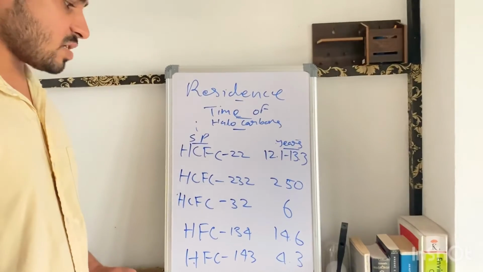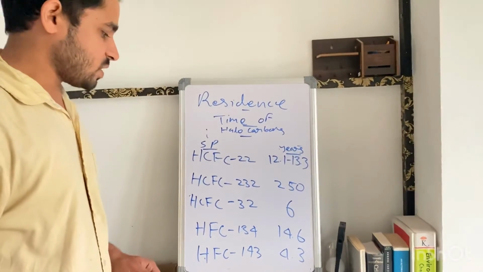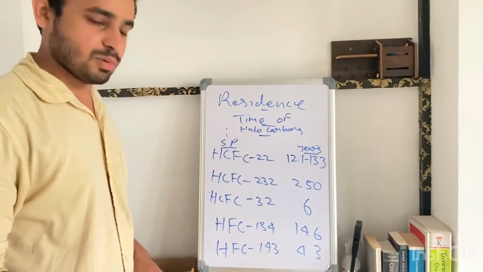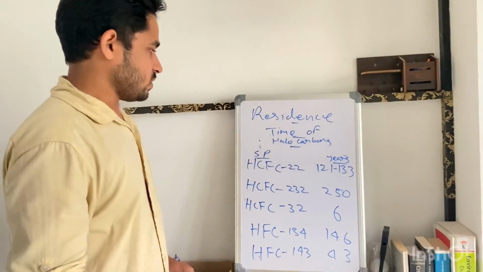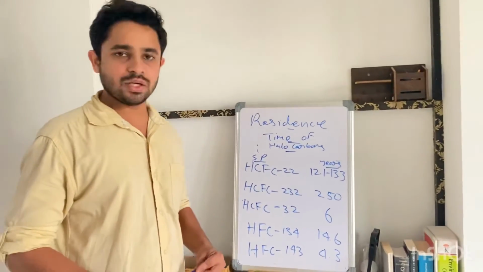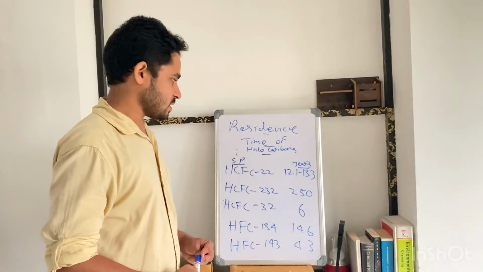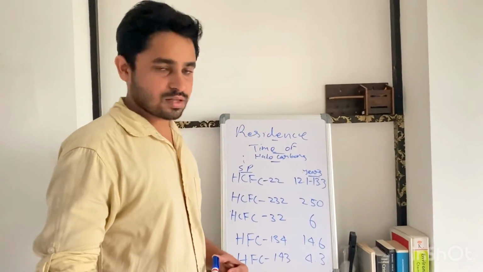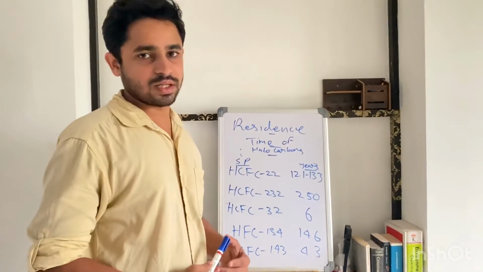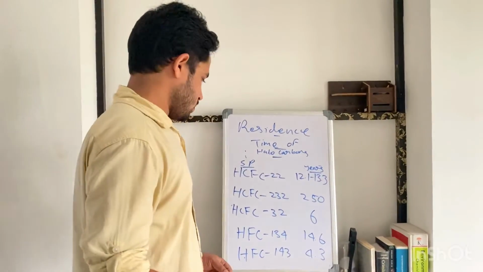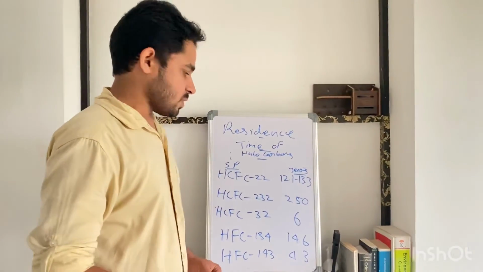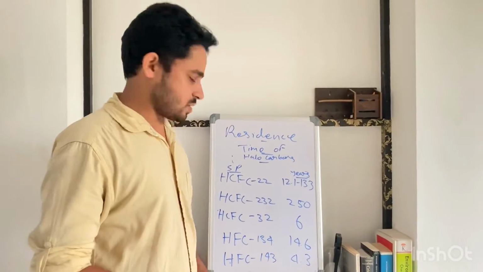HFC 135 has a residence time of 14.6 years. HFC 143 has a residence time of 4.3 years. So these are the major greenhouse gases, and they are also ozone depleting gases. These are the halocarbons of major importance.